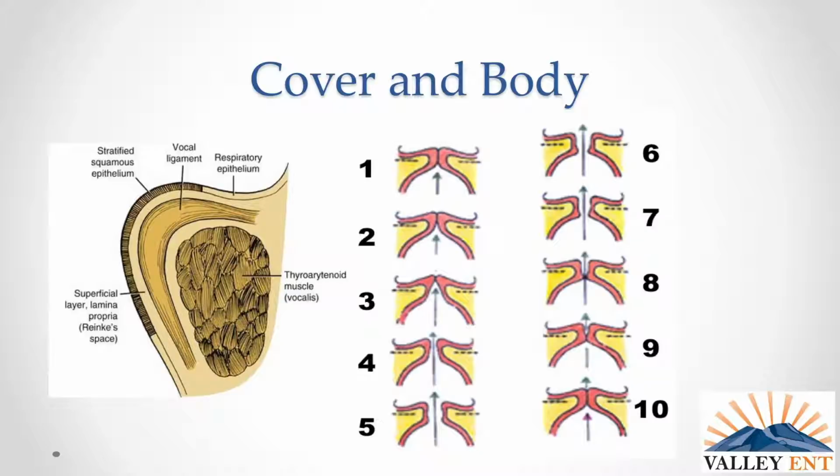So this is a vocal cord, and like the white area we saw before, this is going to be its medial edge, and if we were looking from above, we'd be looking down on the top edge. So this is the epithelium, and between the epithelium and the muscle underneath are several layers called lamina propria, and the superficial layer is called Reinke's space, and that's where we get a lot of swelling from, let's say, tobacco use or acid reflux.